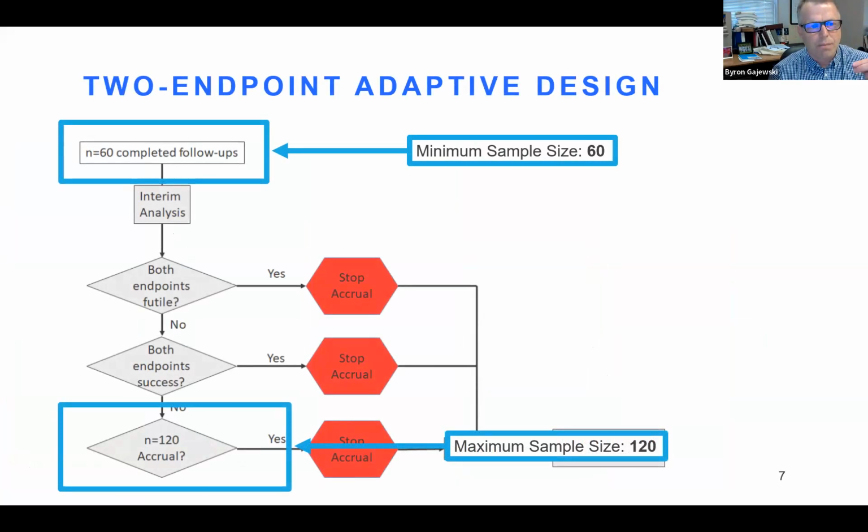So once we have completed follow-ups for 60 participants, and this is a potential follow-up because some of them may have dropped out, but basically 6 months after their baseline visit, we will perform an interim analysis, okay? And then there's a decision about whether to stop the trial at that point or to continue all the way to 120. So this has one interim analysis. And so the maximum sample size is 120.